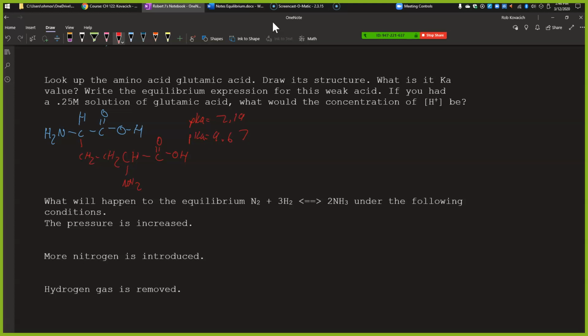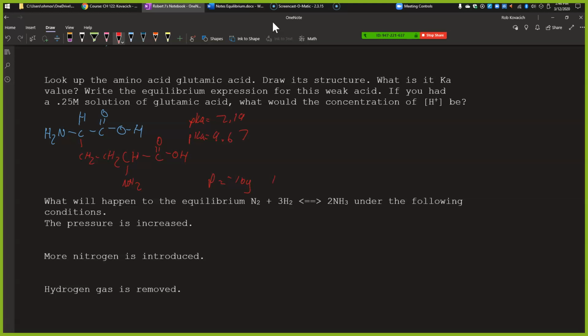But we're going to find out when we talk about acids and bases that this P is a mathematical construct and it means negative log. So when I take the pKa, what I've done is I've taken the Ka and taken the negative log of it. It just gives you a nicer number, a number with no exponents, no 10 to the anything. So how do you go backwards from this?